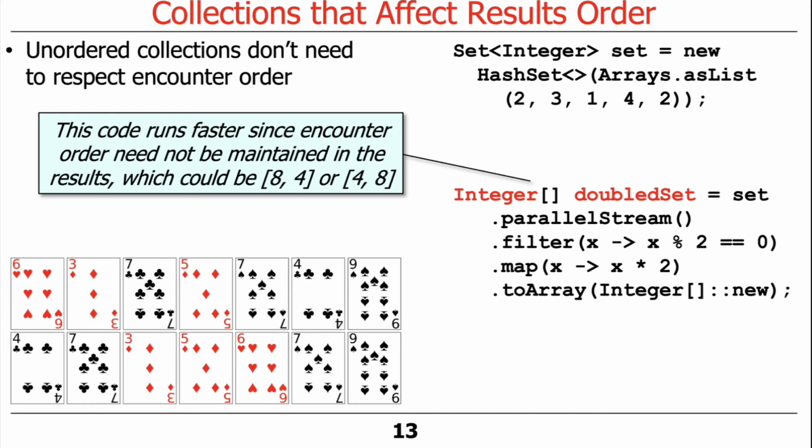As before, the processing will be the same, but the code is likely to run a little bit faster because there's no need for the terminal operation, which in this case is toArray, the terminal operation that creates the array, to maintain encounter order of the results. So the result could come back as 8-4 or 4-8, doesn't matter. Notice, by the way, it doesn't come back 4-8-4 because a set cannot have duplicates. So it's going to strip out anything that was duplicate. So it doesn't matter which one comes back.